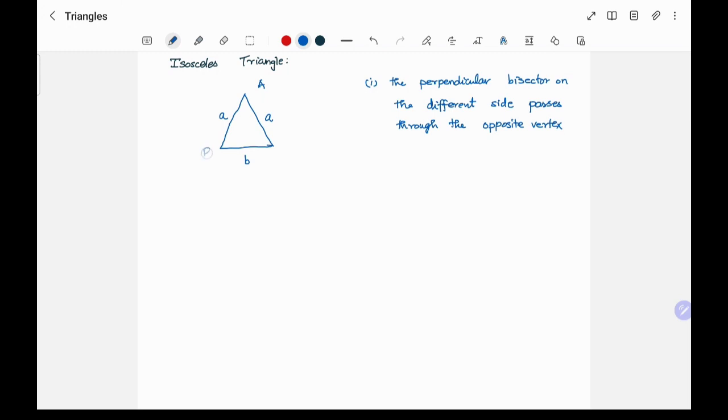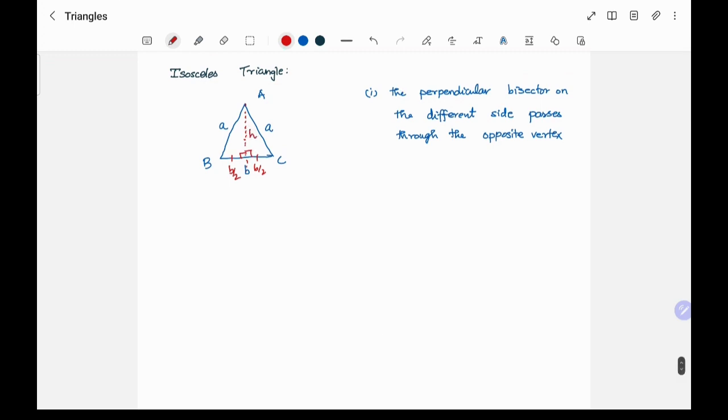So let's say A, B and C. If you have a perpendicular bisector, it will pass through vertex A. So this will divide b into b by 2, and this will be 90 degrees. Right, so we can get the height h.